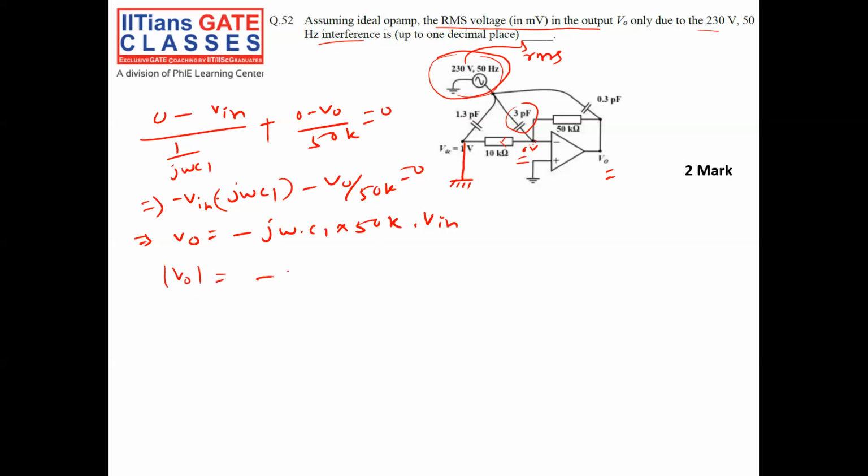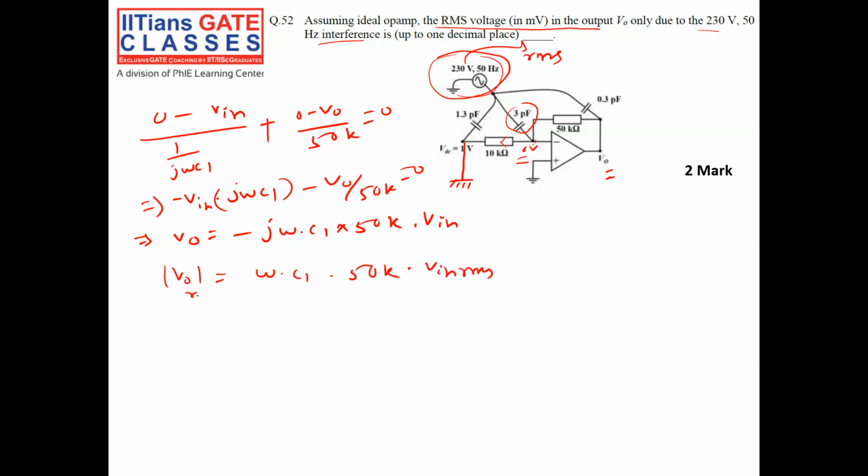The magnitude is asking only RMS, right? So V0 RMS is omega C1 50k into Vin RMS.